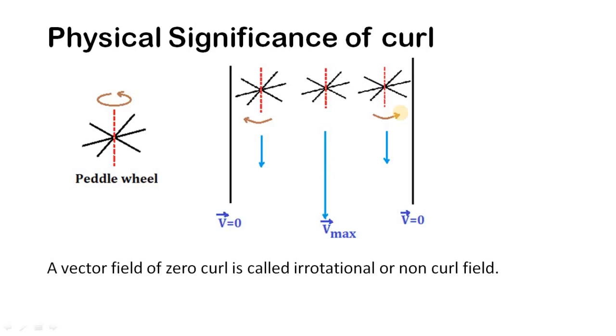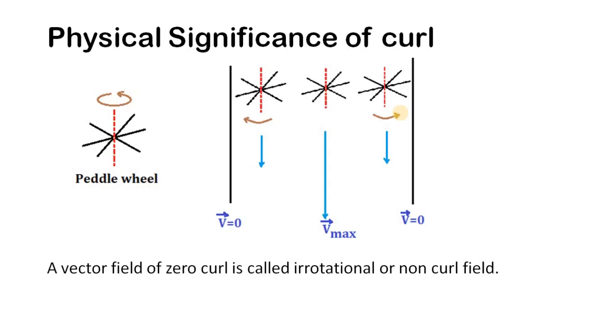If we consider another stream in which water velocity is 0 at the bottom and increases rapidly up to the surface along the vertical direction, in this case a paddle wheel immersed in the water with its shaft horizontal and perpendicular to the velocity vector v will rotate with the direction of curl towards left of the stream.